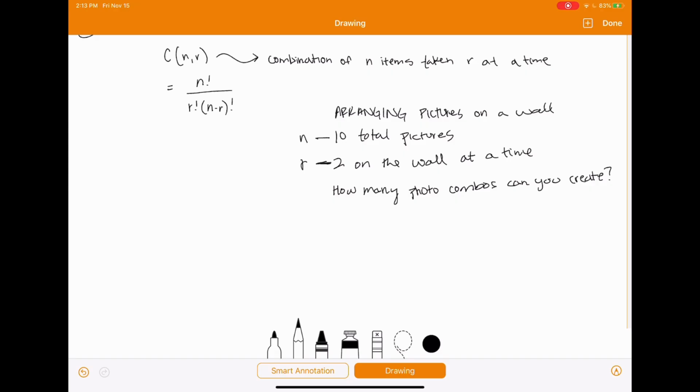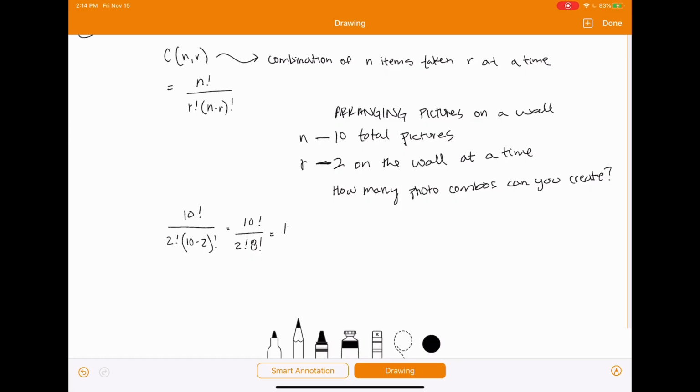So we're going to get 10 factorial all over 2 factorial times 10 minus 2 factorial. So that's going to be 10 factorial all over 2 factorial times 8 factorial. And then we can expand these.